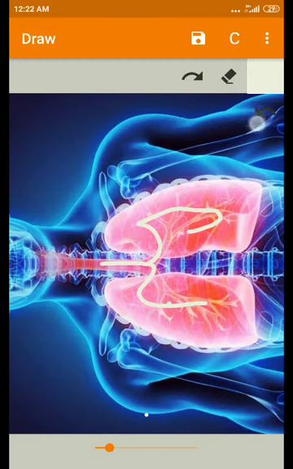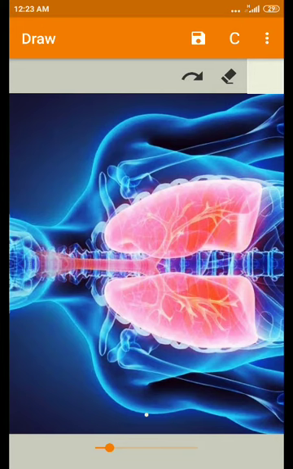Okay, now we will see that in pathological changes in structure and function. These are the changes in the pulmonary system which will affect the biomechanics of the thorax.